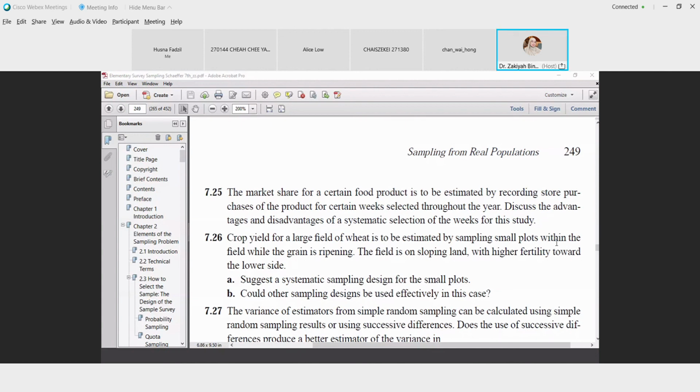So we take the lower as one plot. That means you have to create bigger plots. You take those at the lower side, and then the middle side, and then the top side. And then you do systematic sampling horizontally instead of vertically. Something like that. Can visualize? Cannot? Okay, think about it.